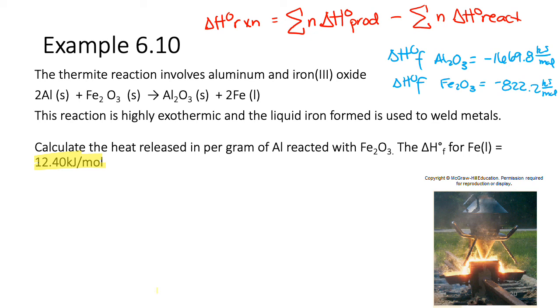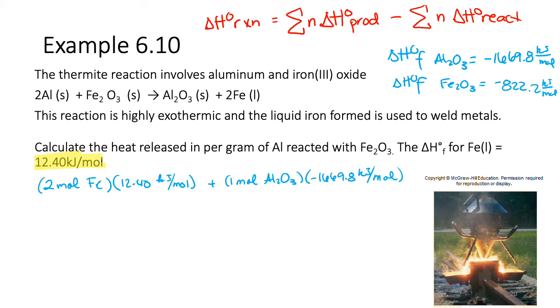I have 2 mole of Fe liquid, and I'm going to multiply by the value for Fe, which is 12.40 kilojoules per mole, plus 1 mole of aluminum oxide times the value for aluminum oxide, which is negative 1669.8 kilojoules per mole. Once again, these numbers come from the back of the book.